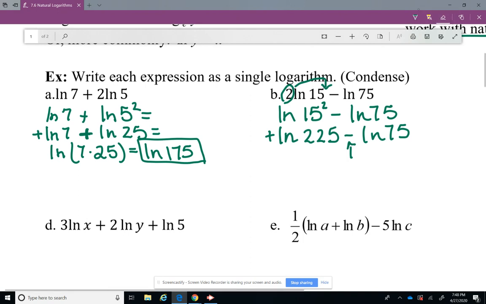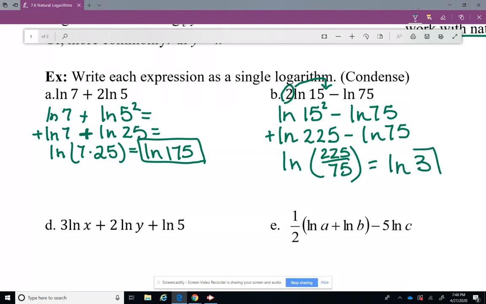So that means you're going to have a numerator and a denominator, okay? So you're going to have the natural log of 225 in the numerator. The minus sign tells you to divide by the next natural log, which is 75. Type that into your calculator. 225 divided by 75, that's the natural log of 3.